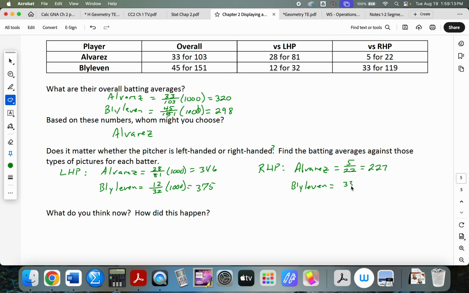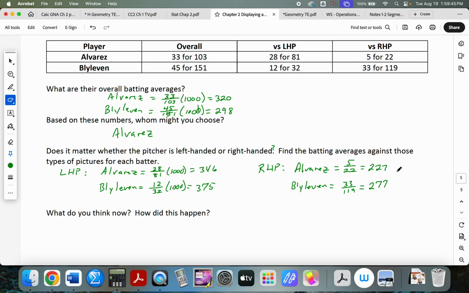It's 33 for 119. That's .277. Blyleven hits better against left-handed pitchers and hits better against right-handed pitchers than Alvarez does.